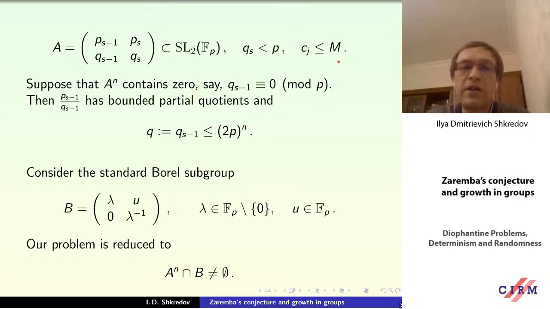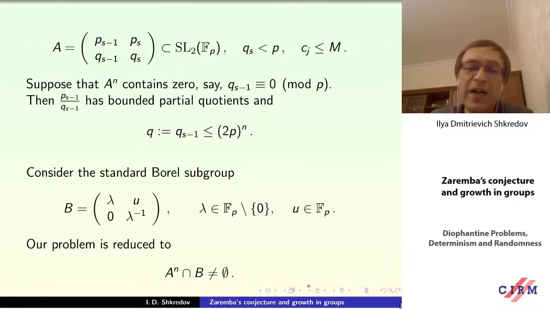So this modular problem of Hensley can be reformulated in the following very classical way. I consider the standard Borel subgroup, and I want to find a non-empty intersection of my orbit with this Borel subgroup.